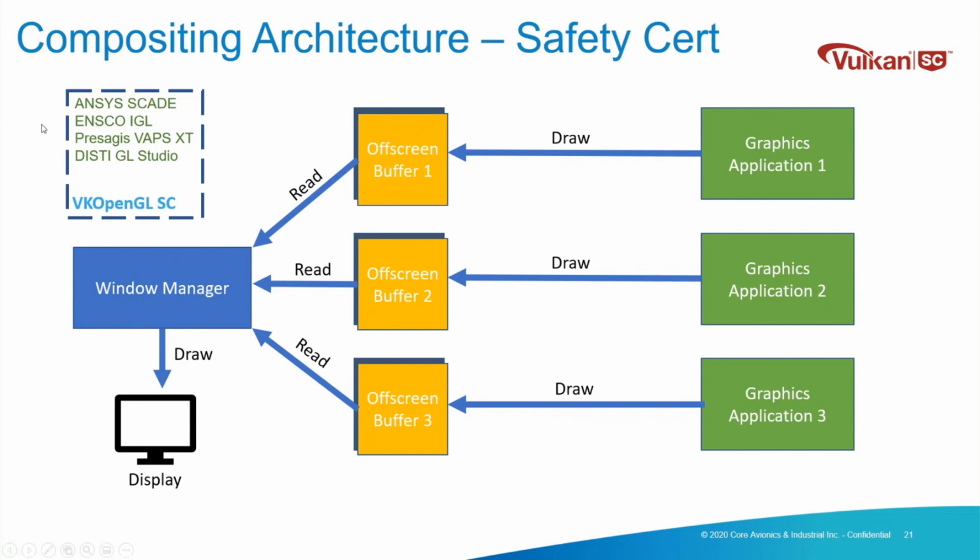So it's interesting to note that these companies are maybe a year to a year and a half away from implementing Vulkan, so they can use the VK Core OpenGL SC that we have as a regular OpenGL interface to create displays. The other interesting aspect of Vulkan is it's multi-core enabled already, so that means that the frame buffers could be generated from different cores and merged into the same display using the window manager.